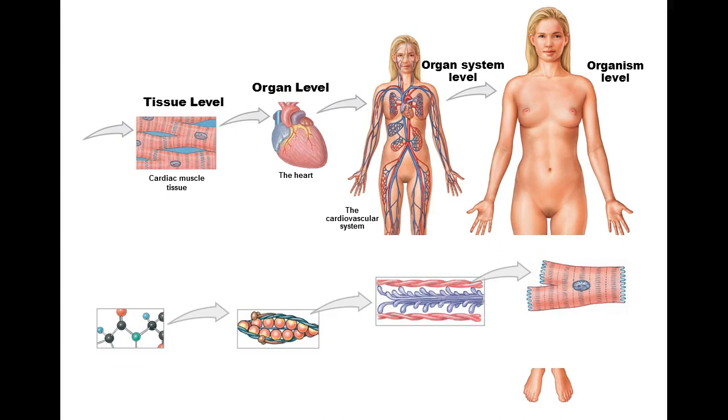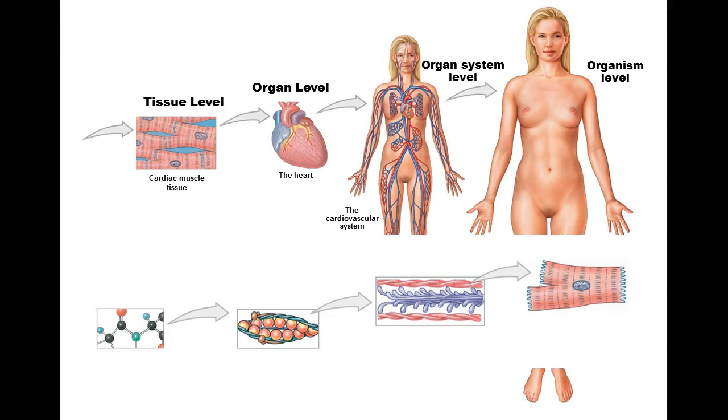And so the example that we have in the upper level is cardiac muscle, and cardiac muscle is the sum total of muscle tissue, connective tissue, and then also you have nerve involved. So you have muscle, connective, and nervous tissue in just that one type of tissue together.